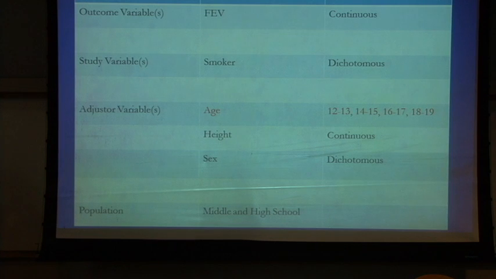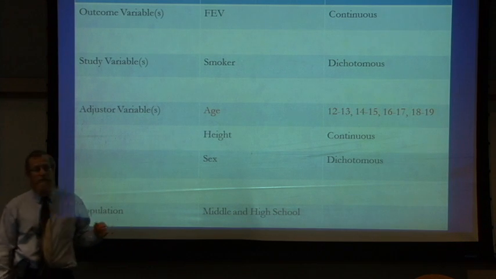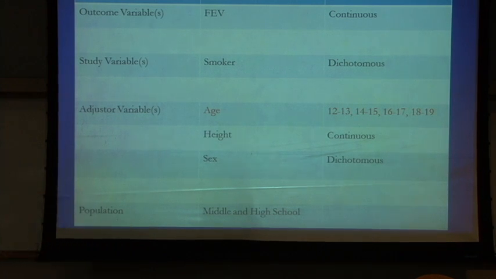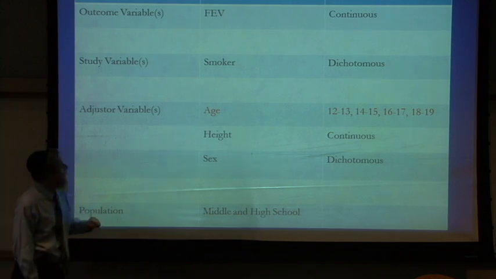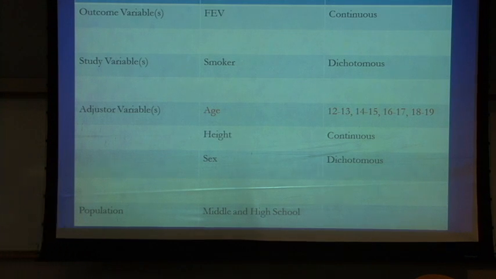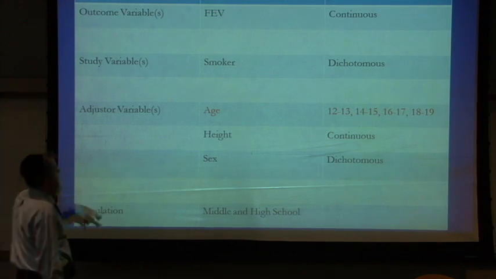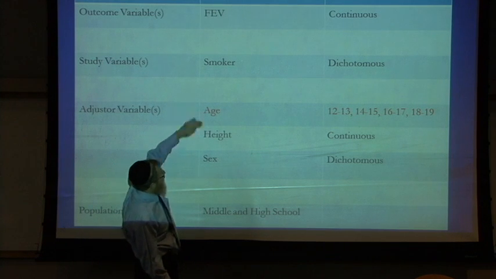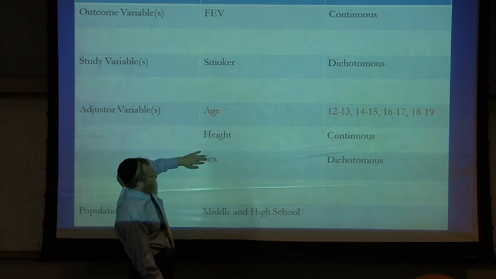So that's good. Okay, now change it so age is categorical, all right? So Justin, can you tell me now how many independent variables are there? Great, 6. So we have the 3 from before that didn't change, dichotomous, continuous, dichotomous.